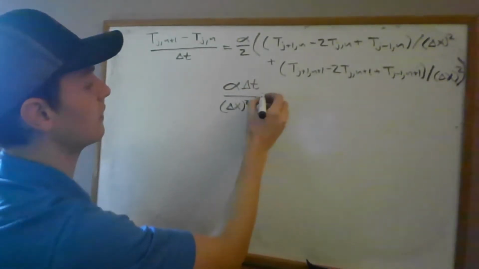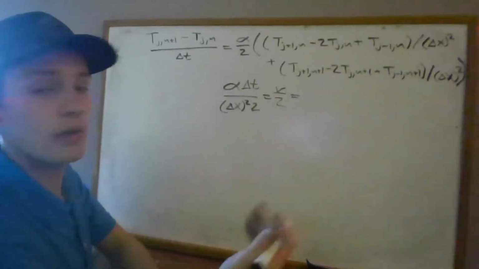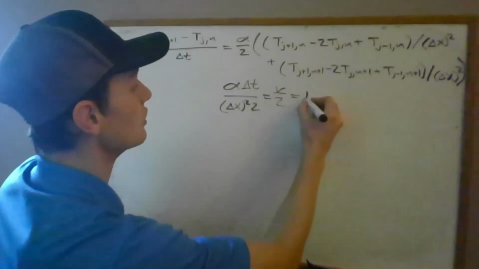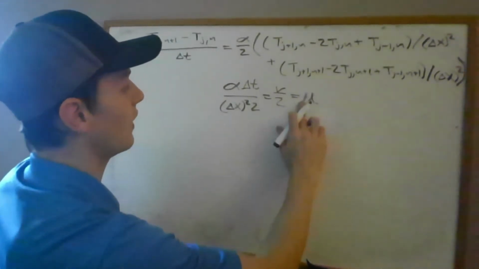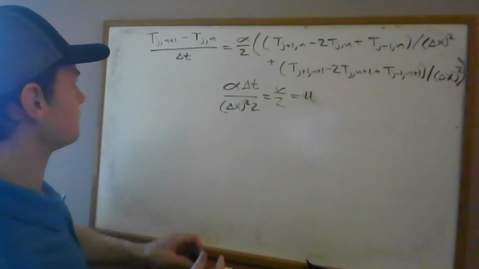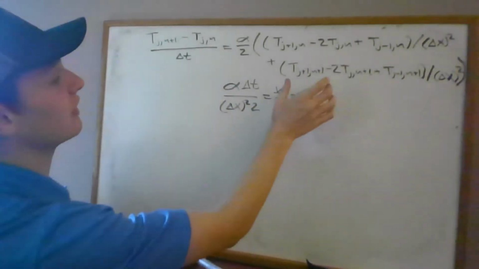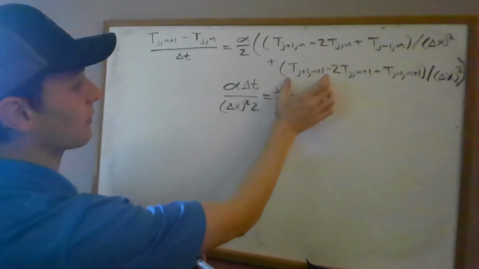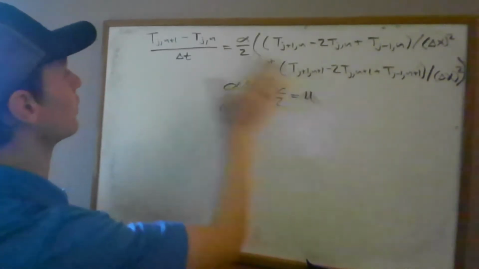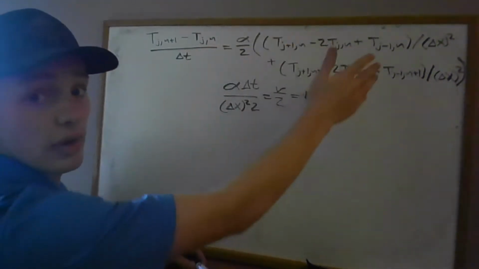So this, you might remember, would be r over 2, but when we code this out in Python, we'll denote this as u, okay? I'm so used to writing u, but it's going to be u. Now, that is going to be important for us. Now, I'm going to isolate all of these temperatures at the next time step n+1 on the left-hand side, and then the temperatures at the current time step n on the right-hand side.